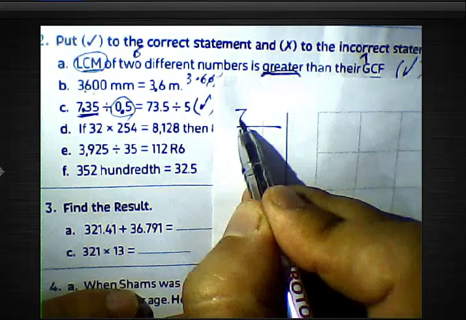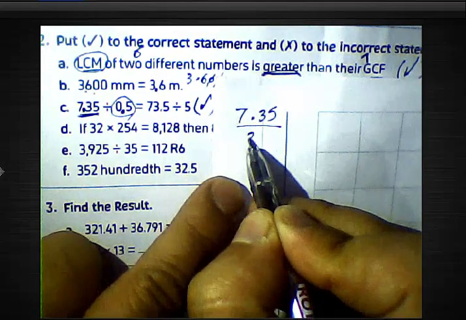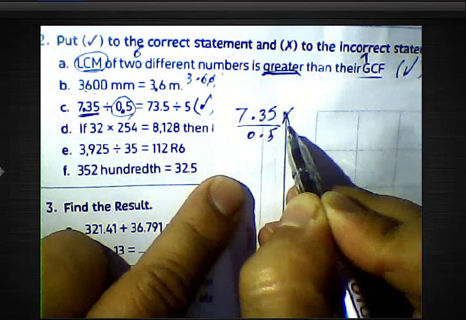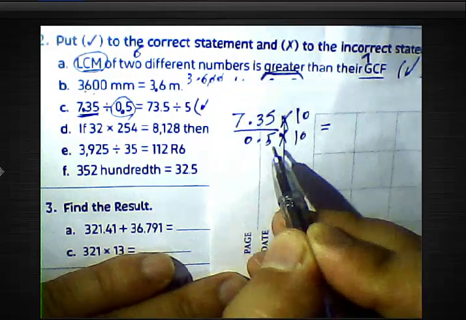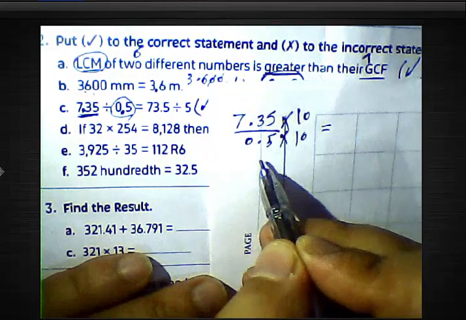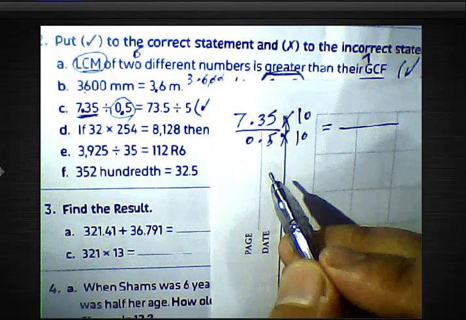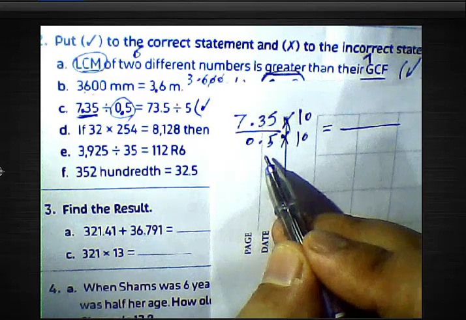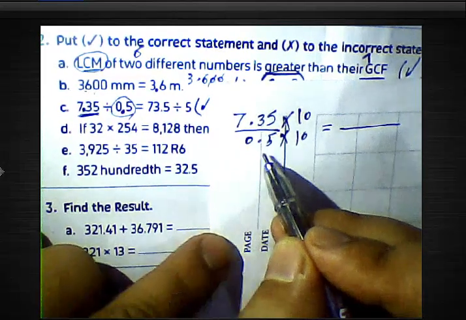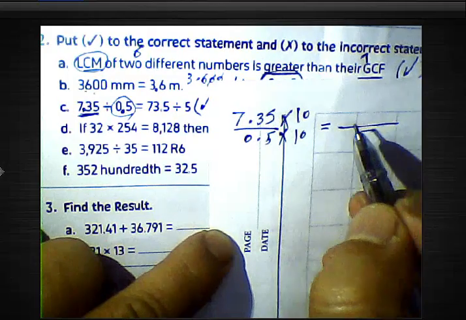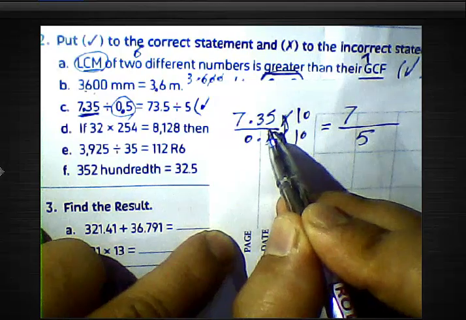Look at this example here in this paper. 5.35 divided by 0.25. If you want to find the result, we must multiply by 10. Why? Because the divisor is a decimal number. It's impossible. If you want to find the result of a division, we must convert the denominator from a decimal number to a whole number by multiplying by 10. So the result will be here 5. And in the numerator, we must move the point from left hand side to right hand side by one digit.